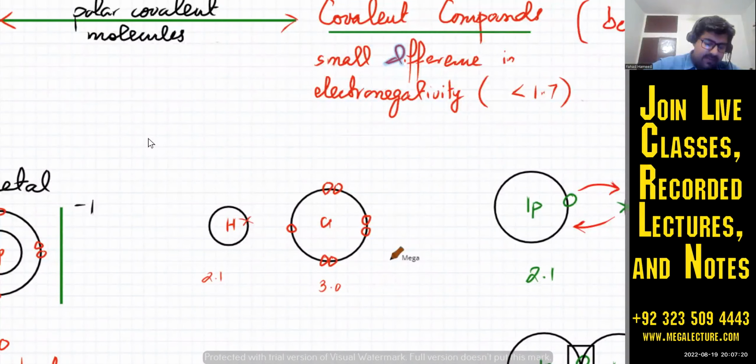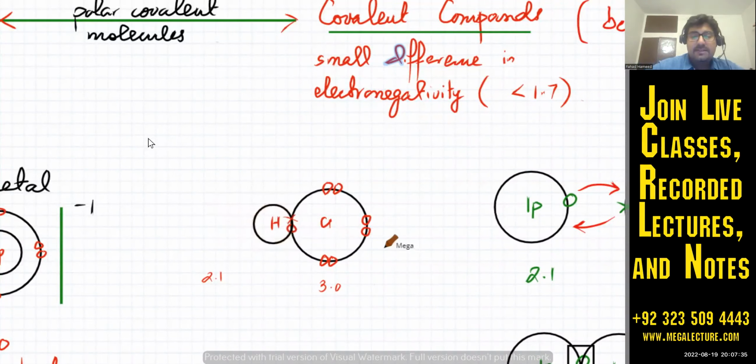They're going to try to pull each other's electrons, but no one has enough strength to pull them. Eventually the 2 electrons will be stuck exactly in the middle, forming a covalent molecule. But if you look here, one of them is slightly more electronegative.